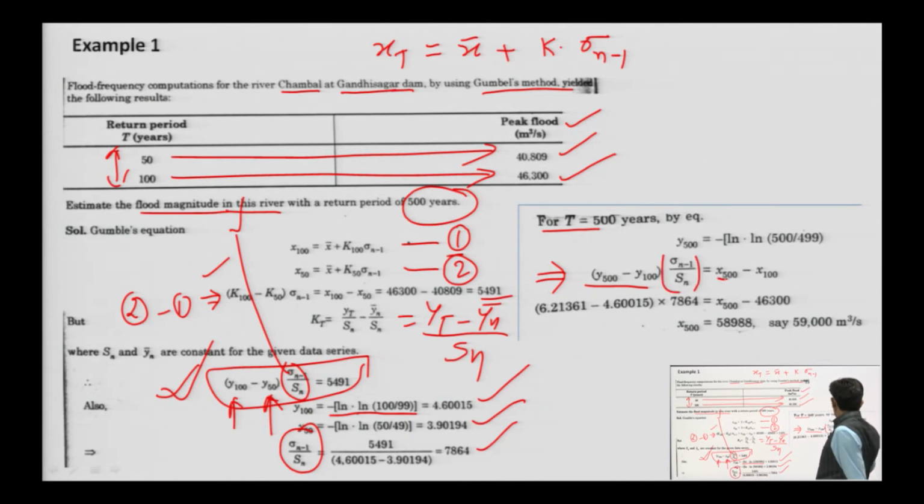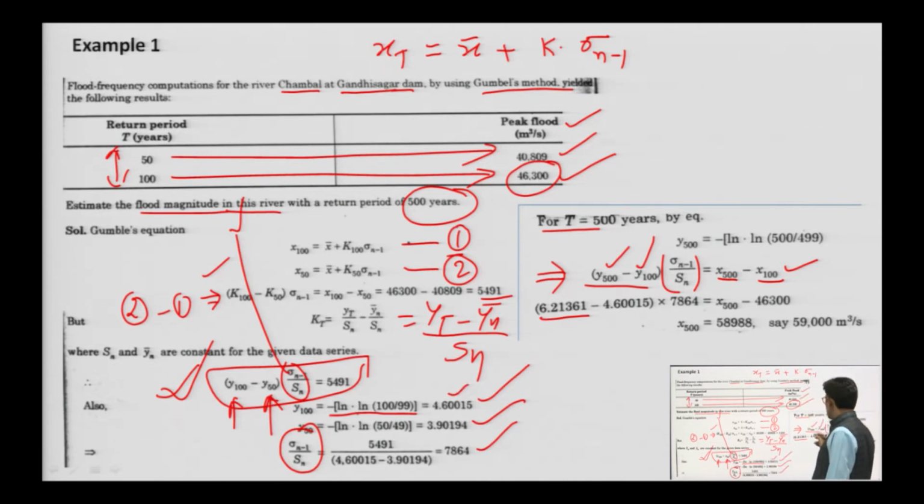So, it is equal to x500 minus x100, x100 is known to us, and the coefficient we have calculated. y500 can be calculated in the same manner, that value is 6.21361, and y100 is this one value.